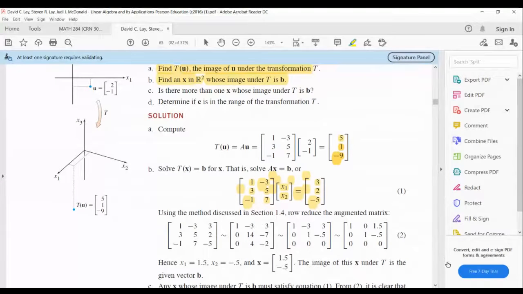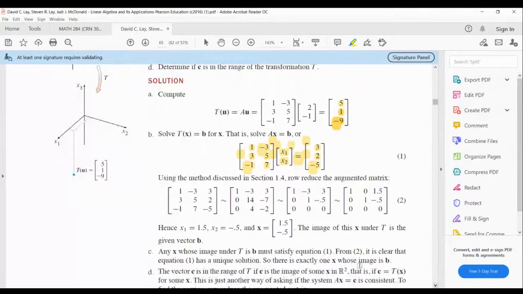It amounts to solving a system of equations. This is your augmented matrix. You do the row operations and you get a solution. The vector x, which equals 1.5 and negative 0.5, has as its image the given vector b.